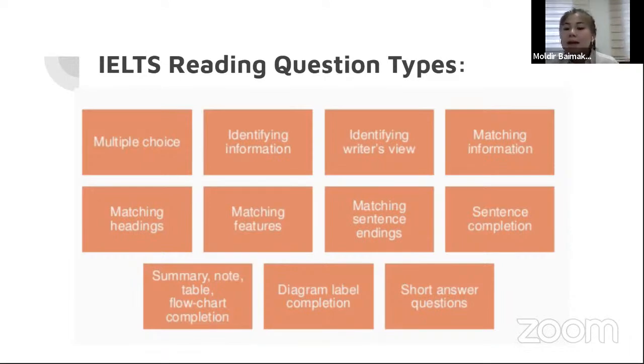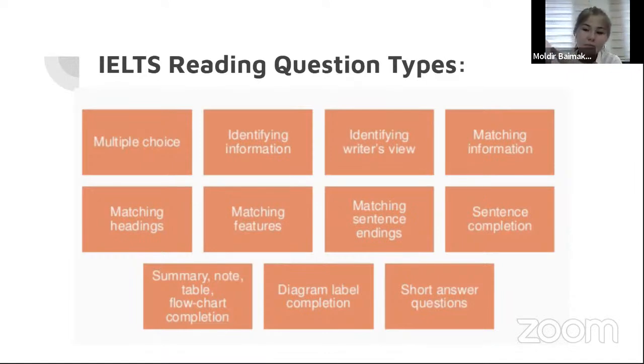Okay. And next, matching information. So here, basically, some kind of information will be given, and we will be matching it to the paragraphs, for example, which paragraph contains this information, or similar tasks.